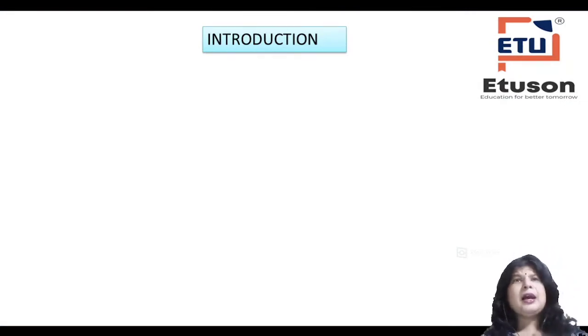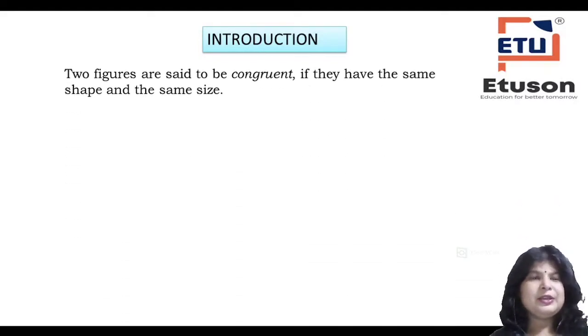So let us start. As I was telling you, in the earlier classes, even in class 9, we have studied the different properties of the triangle and quadrilateral, etc. Correct or not? So basically you are acquainted with congruency, right? What is congruency? Do you remember that? Two figures are said to be congruent if they have the same shape and the same size.